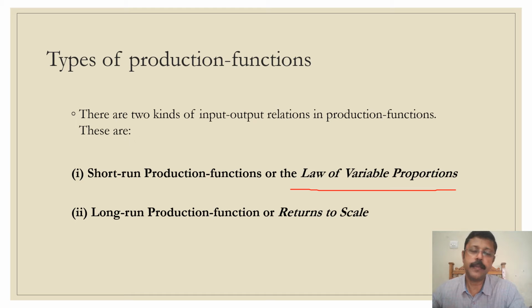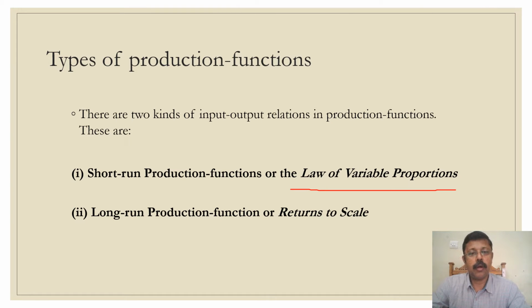Other inputs will remain fixed. So in the short run, at least one input is fixed, and all the other inputs are variable. Such a situation we call short run. In the long run, all the inputs are variable. I hope you remember the difference between short run and long run. When can you say something is short run? When can you say something is long run?